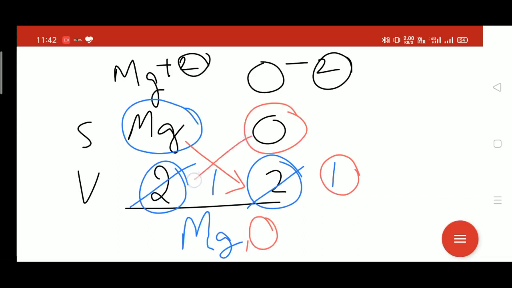Then cross multiplying, we will write the valency of magnesium after simplification, that was 1, as a subscript. That means our formula will be Mg1O1. Now, students, we don't have to write 1, therefore we can simply write it as MgO. So this is the chemical formula of magnesium oxide.